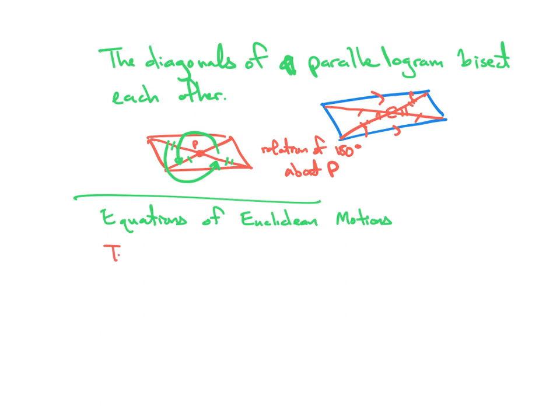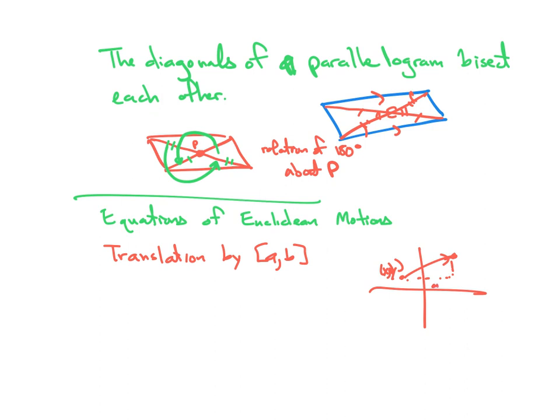So a translation, remember for a translation we define it by a vector AB. So this isn't too bad. If you have a point (x, y) and you want to translate it by a vector that has these components a and b, well, this is just going to be x plus a and y plus b.